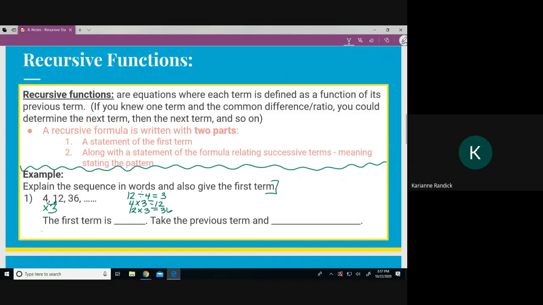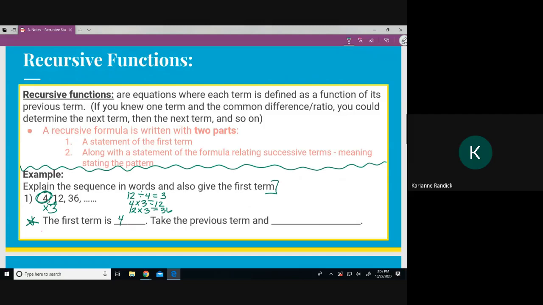So to fill this statement out, now when I'm giving these examples, they are going to be one or the other. It's not going to be neither or both. Okay. So in this case, it says the first term is, well, take the first term. First term is 4. So you write all of that. The first term is 4. Take the previous term and blank. So you write that too. You have to have the sentence. This is how you're explaining the sequence in words.